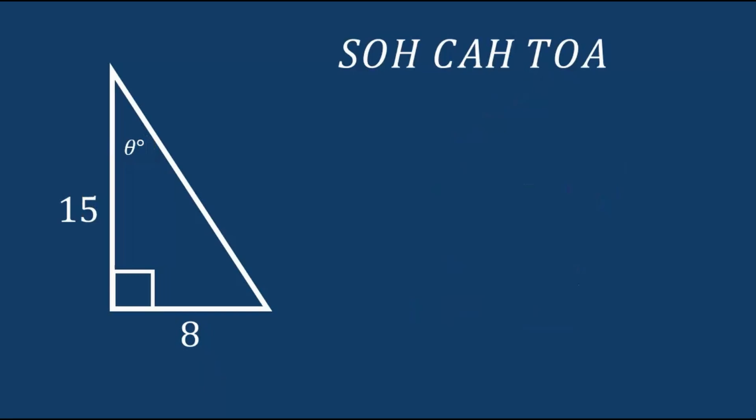Missing angles are set up in a very similar way to missing sides. We are still going to start off with orienting ourselves to the degree. Then we're going to figure out what we've been given.